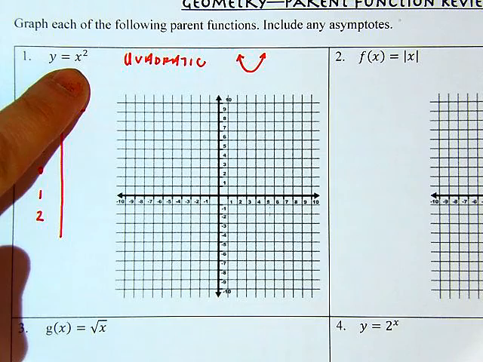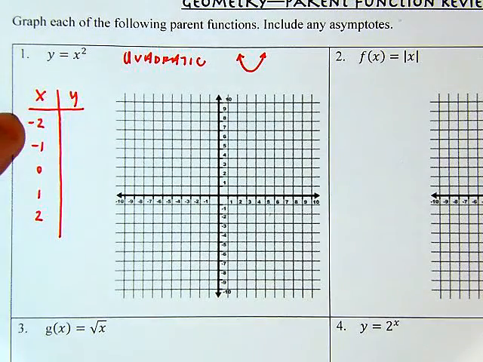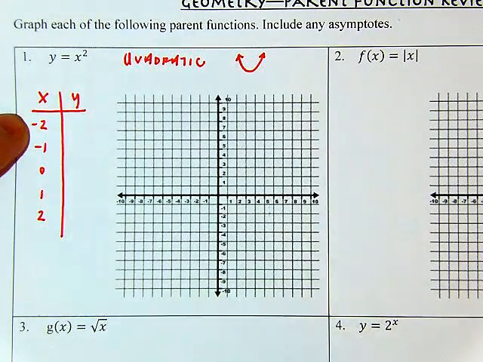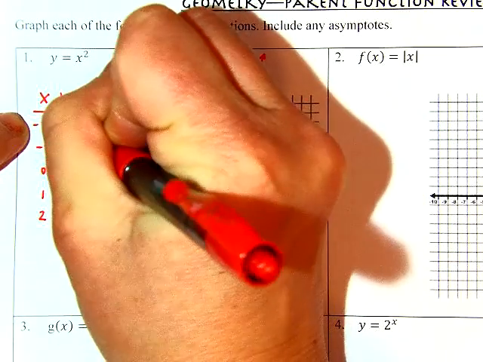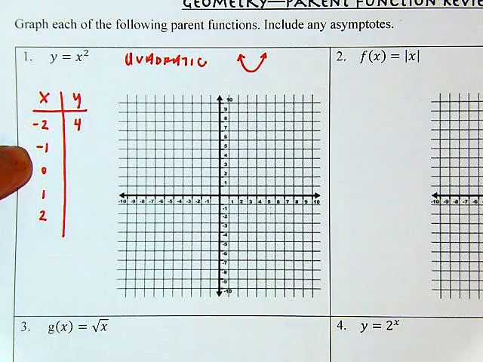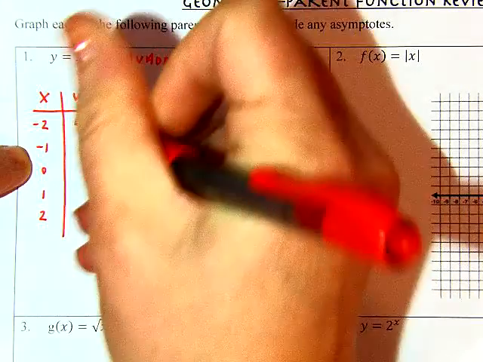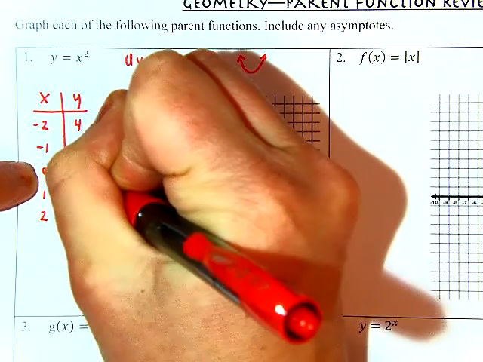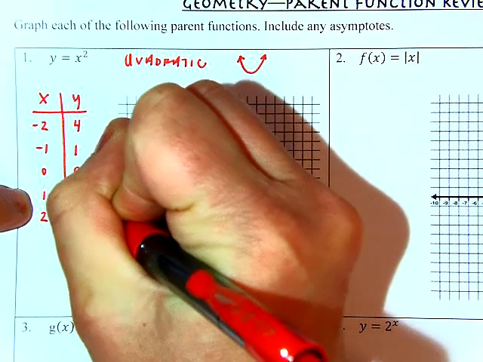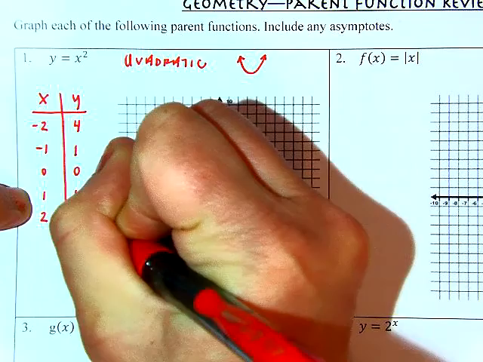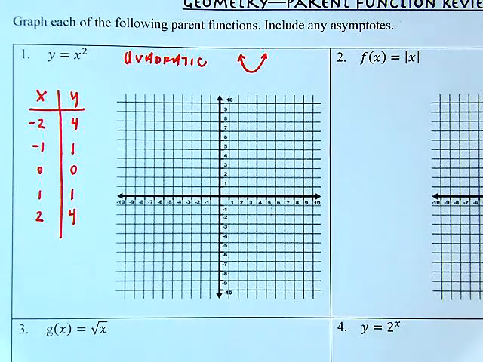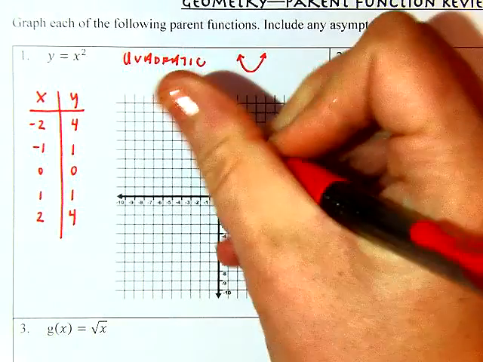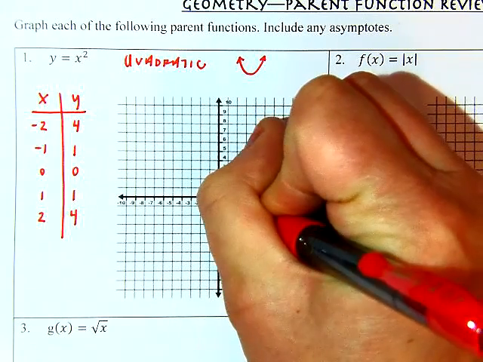So picture plugging in each of these inputs into this function. Imagine that when we plug it in, they're going into parentheses. So -2 in parentheses squared becomes 4. -1 plugged into parentheses and squared becomes 1. 0 is 0. 1 squared is 1. 2 squared is 4. So if I'm graphing my quadratic parent function, my vertex right here is at the origin.